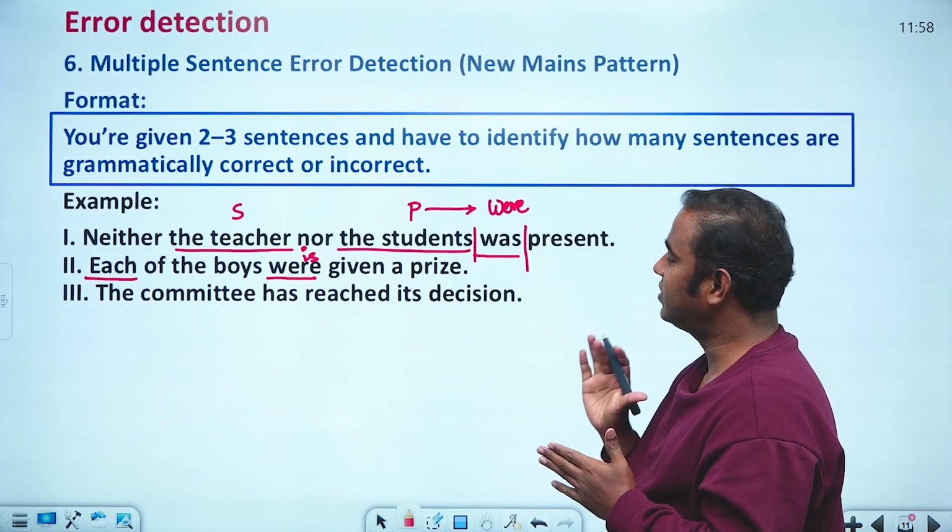"Has reached" is the right verb usage, and "its decision" is the object; I'm considering this completely as an object to simplify it. So the committee has done something. Now look at the options. They are asking you to find out the wrong answers.